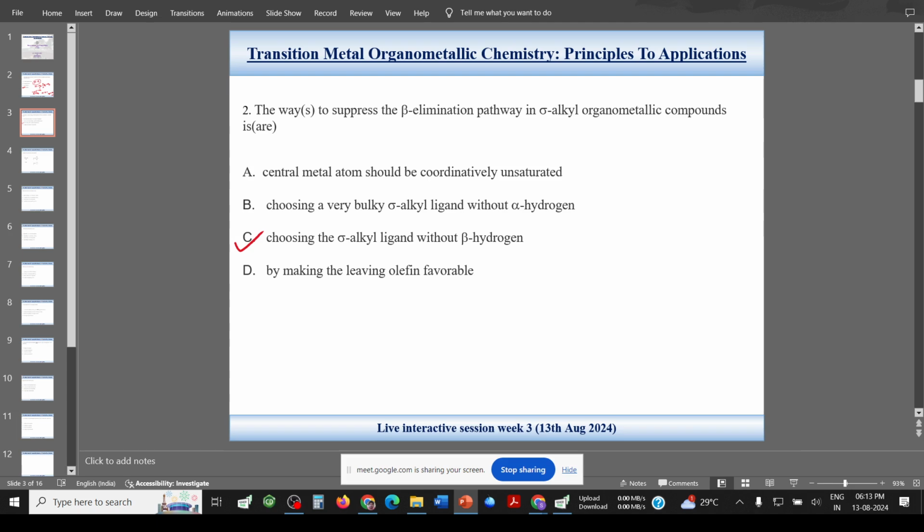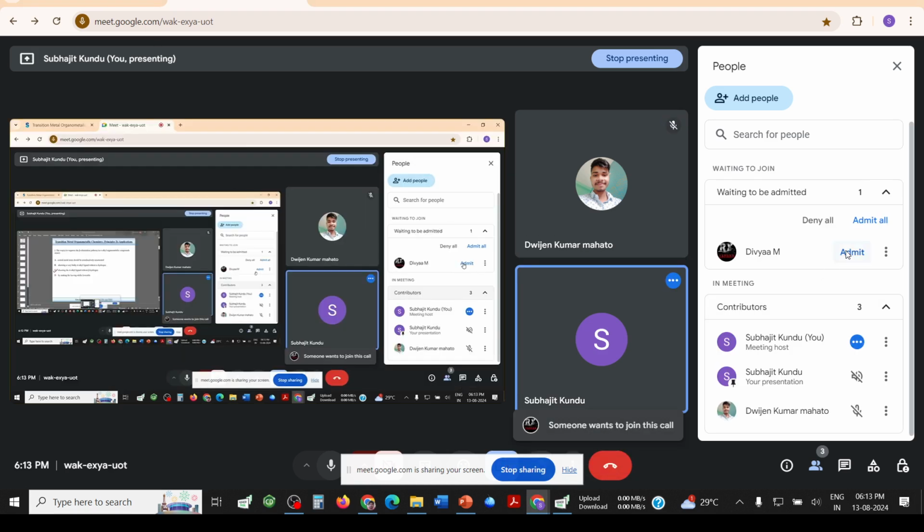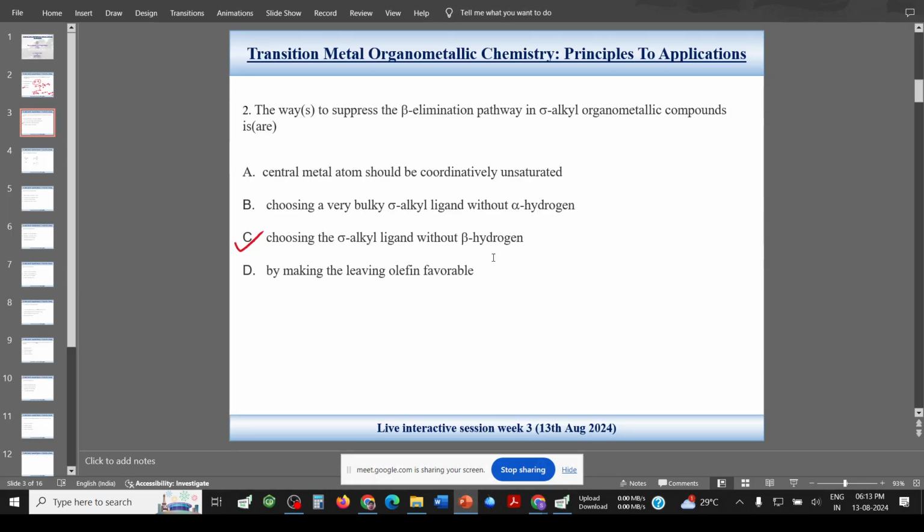So one way to suppress this beta elimination is that the system should not have any beta hydrogen.